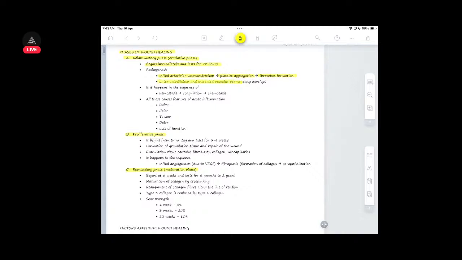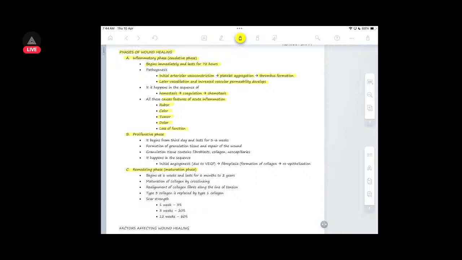Later, vasodilation and increased vascular permeability develop. It happens in a sequence of hemostasis and coagulation, which lead to hemostasis, and all these cause features of acute inflammation: rubor, calor, tumor, dolor, and loss of function.